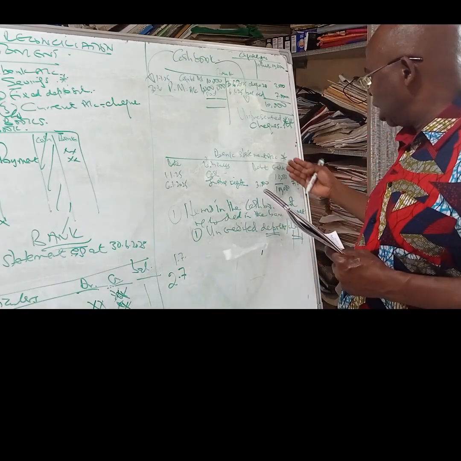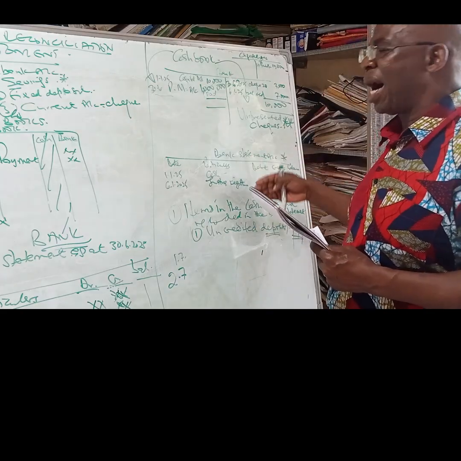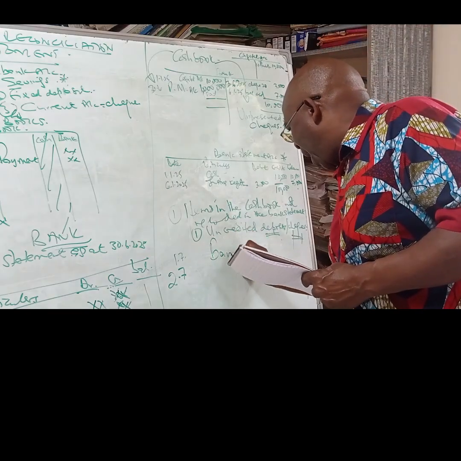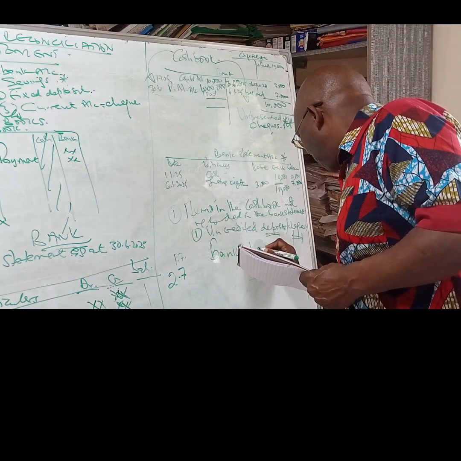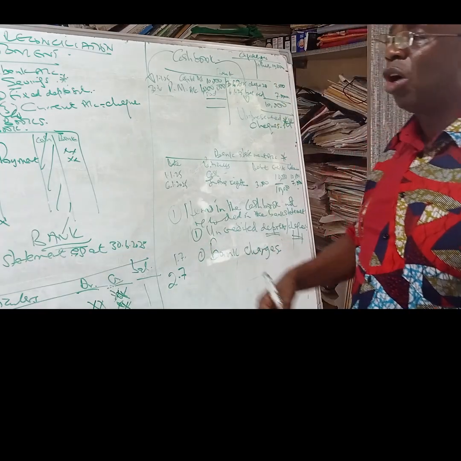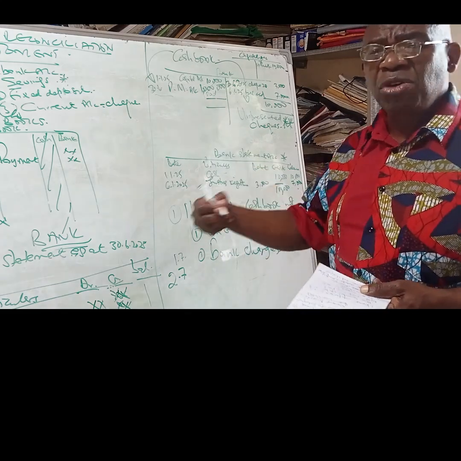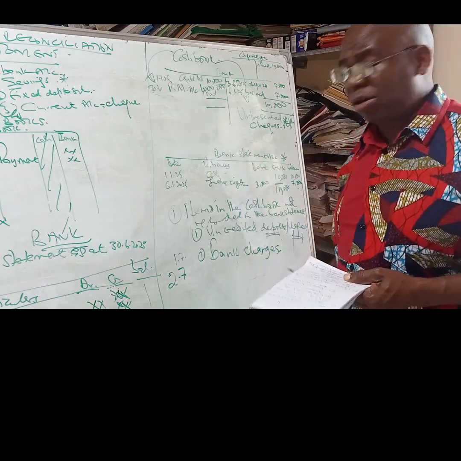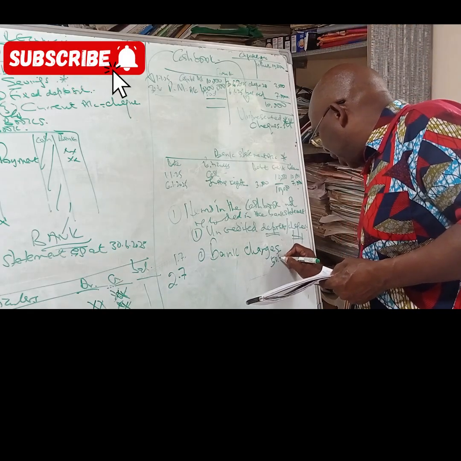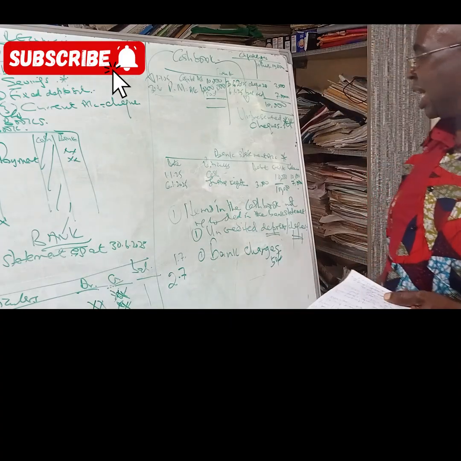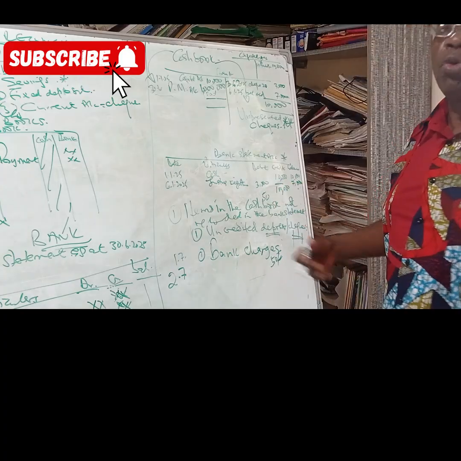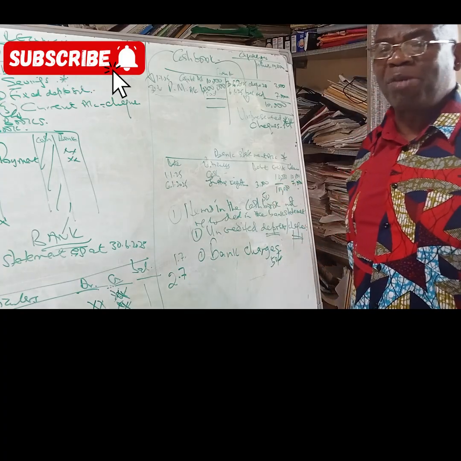For instance, when we transact business with the bank, they charge for their services, and there is something called bank charges. There is something called bank what? Charges. Bank charges. Maybe for every transaction, every time you go to the cashier and the cashier gives you maybe about 100,000, the cashier may charge 50 shillings for every transaction, and therefore the cashier would debit our account with 50, but we do not know how much they charged us.